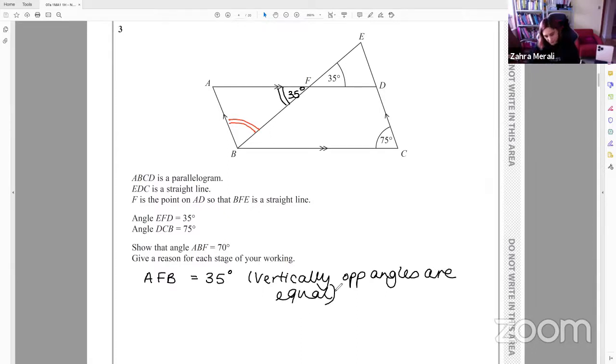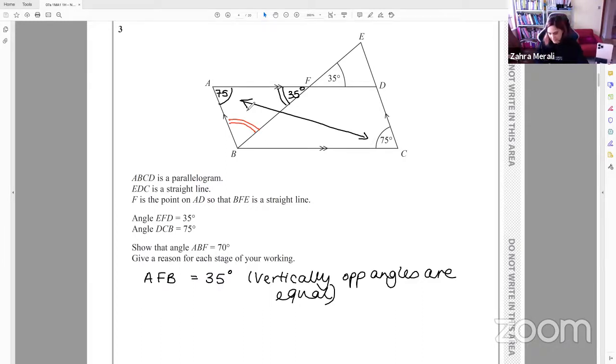Then we're going to think, what else do we know? We've got BAF is going to be 75. And that's because you've got opposite angles in a parallelogram. So opposite angles of a parallelogram are always equal.